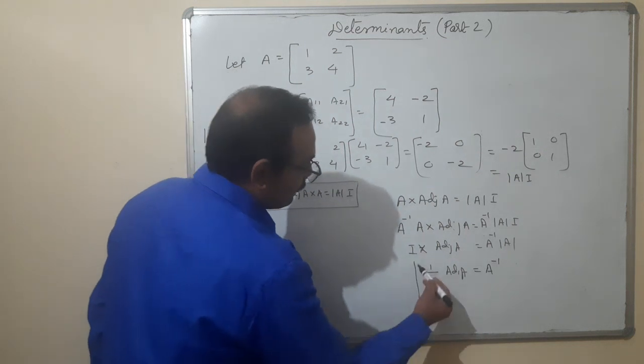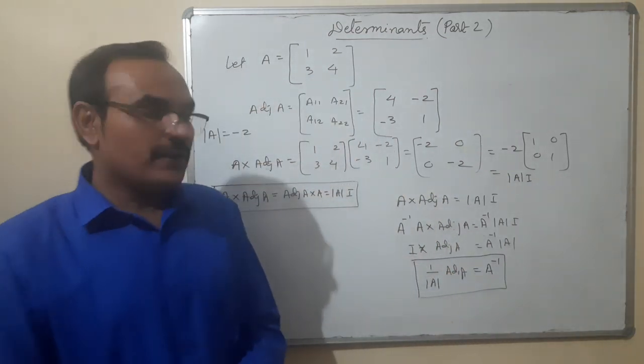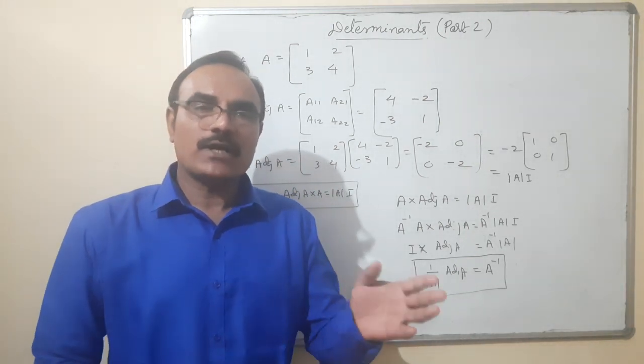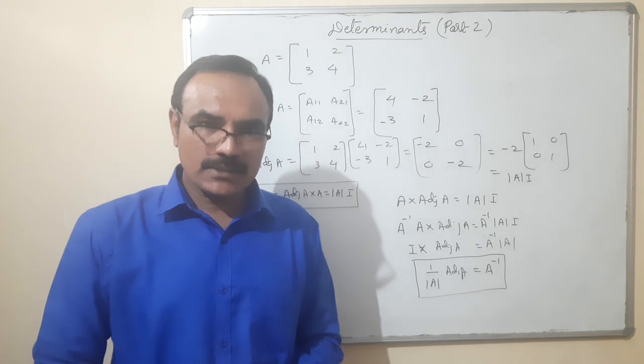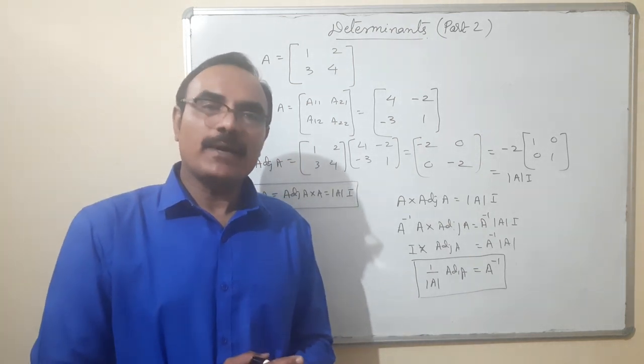And what does it mean if we are going to find the inverse of any matrix? The first method I told you, the row transformation or column transformation method, by which we can find the inverse of any matrix.